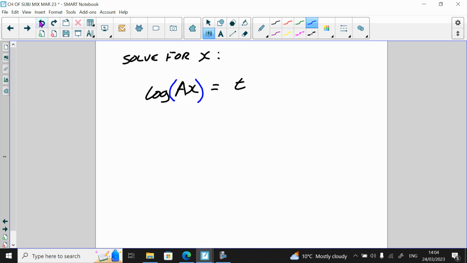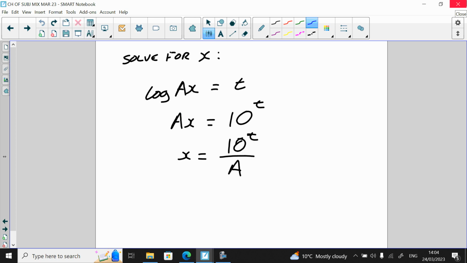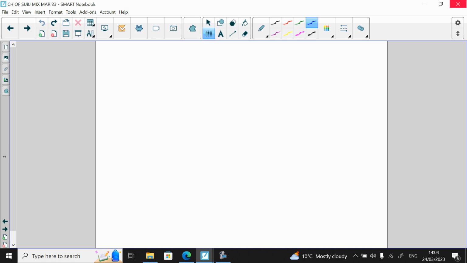It's fine, but we don't need it because there's nothing to the left or underneath log. Let's get rid of that and introduce the opposite of log on the other side. So it's just 10 to the power. Now there's something going on here next to x. It's multiplying. Just take it over and do the usual and divide. Okay, that looks good. So that's our answer.